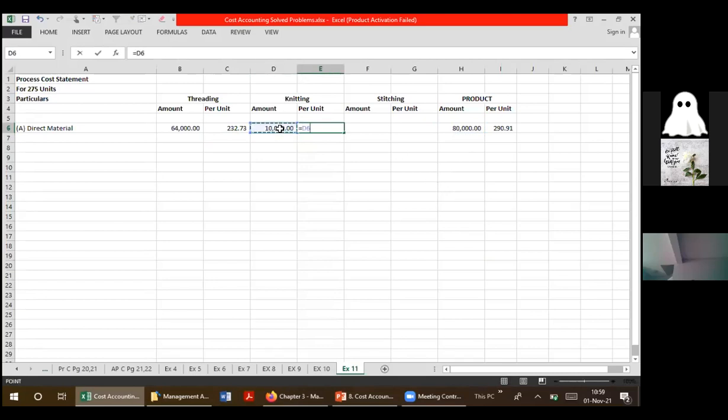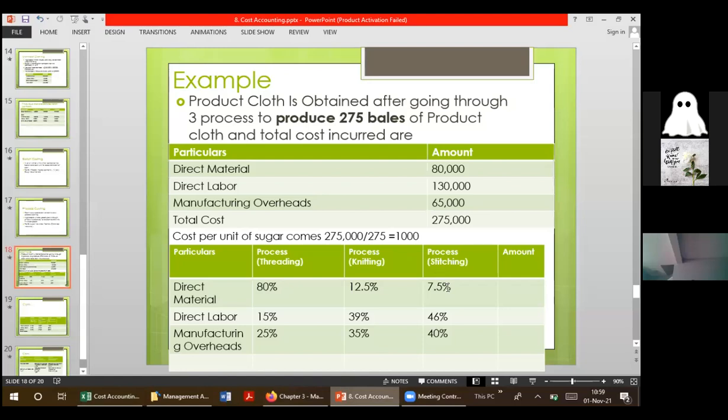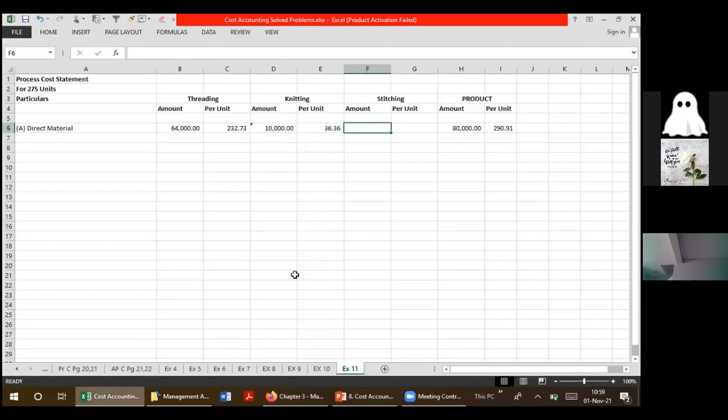So it is 10,000 divided by 275 for per unit, 36.36. Then there is the stitching process. Stitching process in our question takes 7.5% of material. So we'll have stitching at 7.5, 0.075.